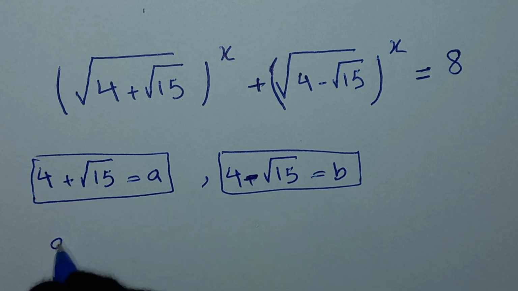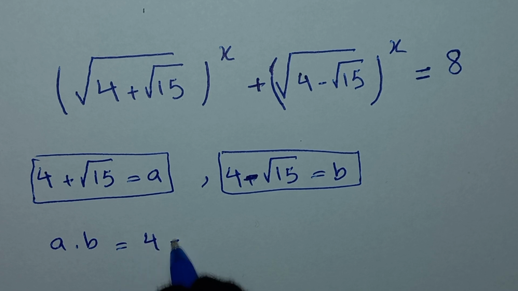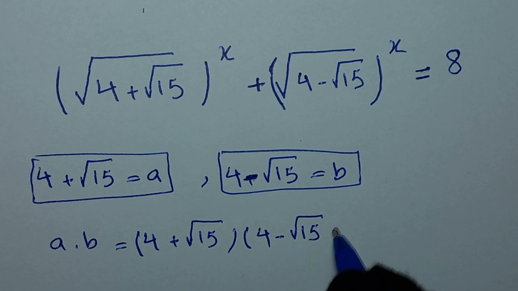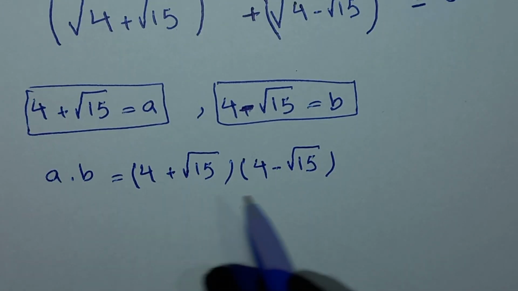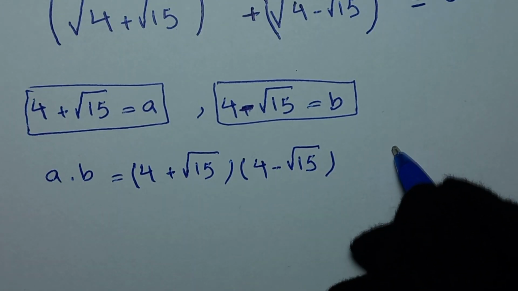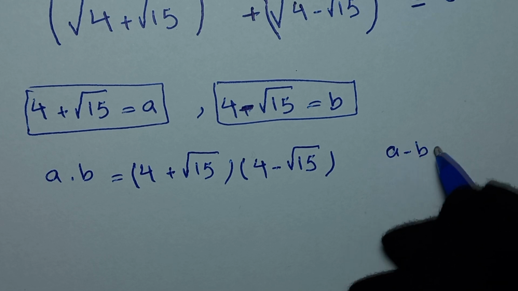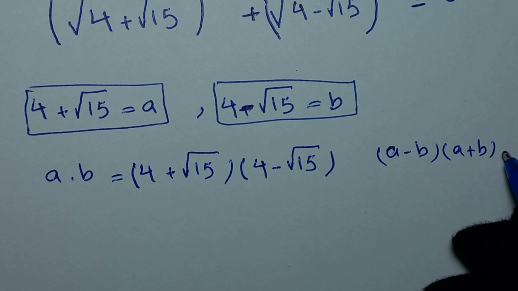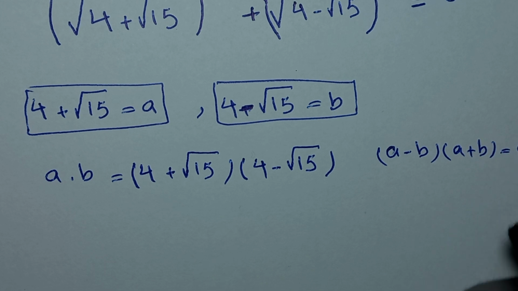So a times b is equal to 4 plus square root of 15 times 4 minus square root of 15. And this is in the form of a minus b times a plus b, which is equal to a square minus b square.